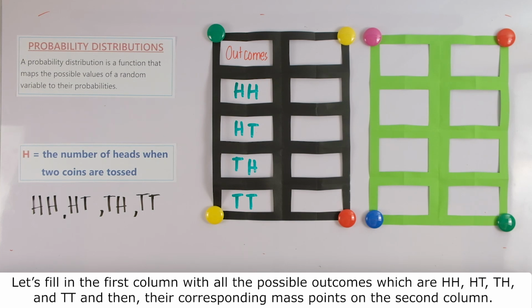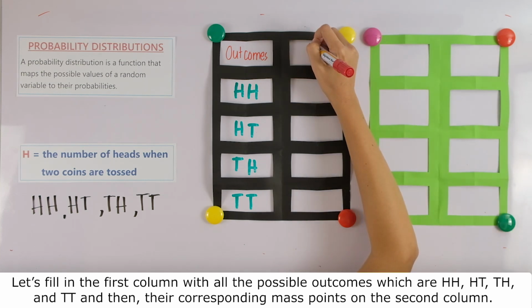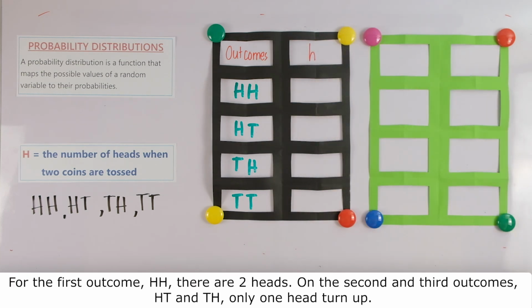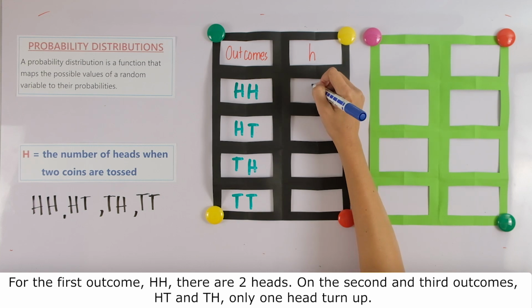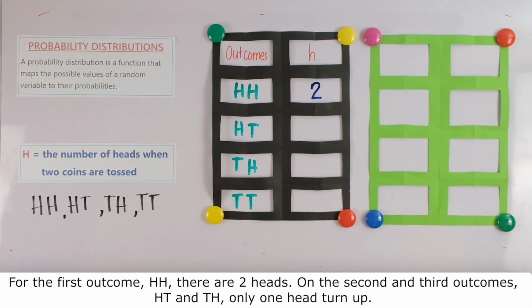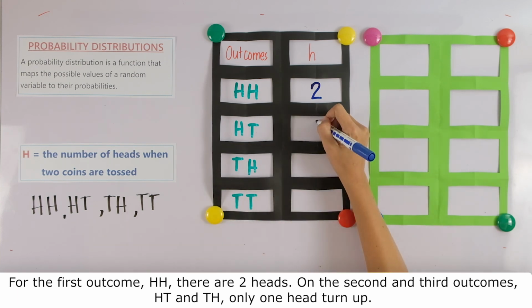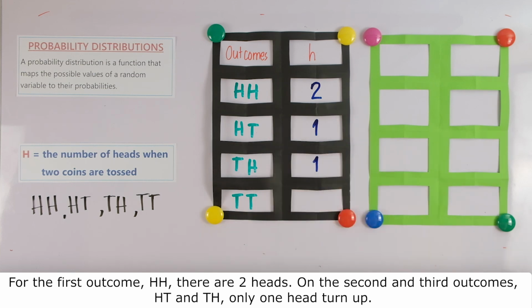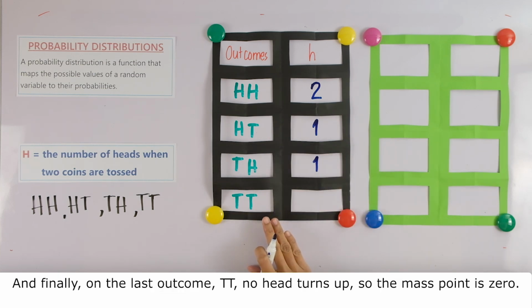And then their corresponding mass points on the second column. For the first outcome, head and head, there are two heads with respect to our random variable, which is described as the number of heads when two coins are tossed. So we will write 2. On the second and third outcomes, only one head turns up. And finally, on the last outcome, tail and tail, no head turns up. So the mass point here is 0.